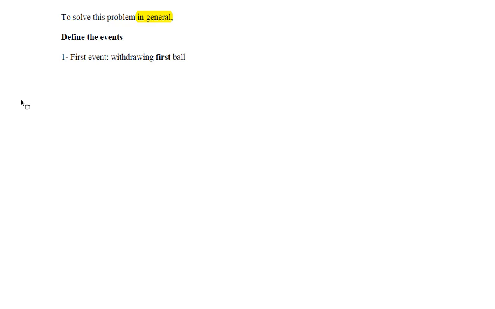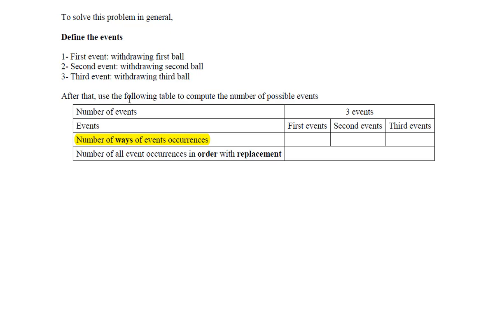First of all, if we realize that there is an order in the problem, we have to define the events also in order. So first event, withdrawing the first object, second event, withdrawing the second object, and third event, withdrawing the third object. After that, we can write down this table which shows the number of events and the events in order. So first event, second event, third event.